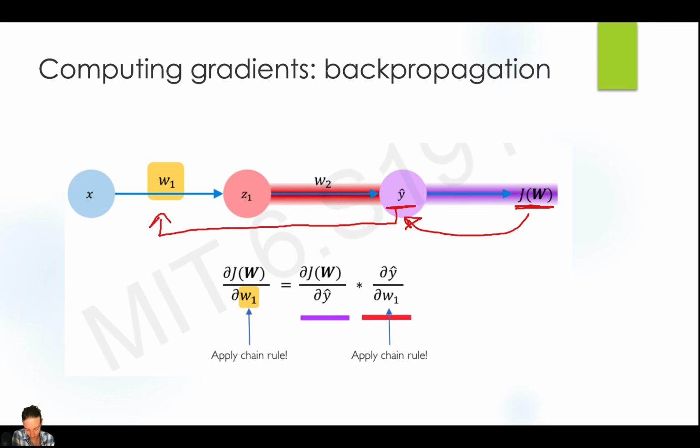So this is if we're calculating the change in J(w) given a change in W1. This is something called the chain rule. It means we can split gradients, or partial derivatives, into a multiplication of their individual parts.